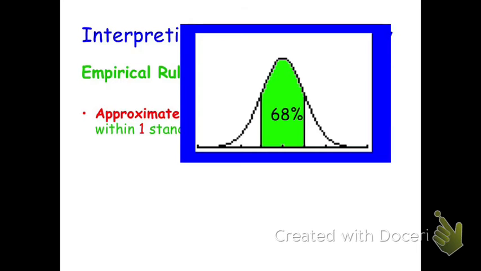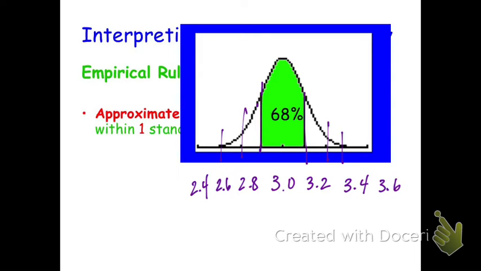So, if I were to apply this to school, let's say the mean GPA was 3.0 and the standard deviation was 0.2.